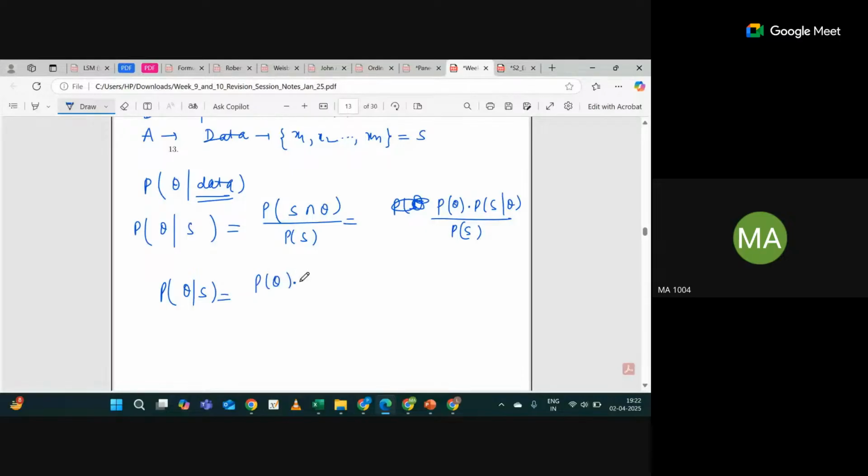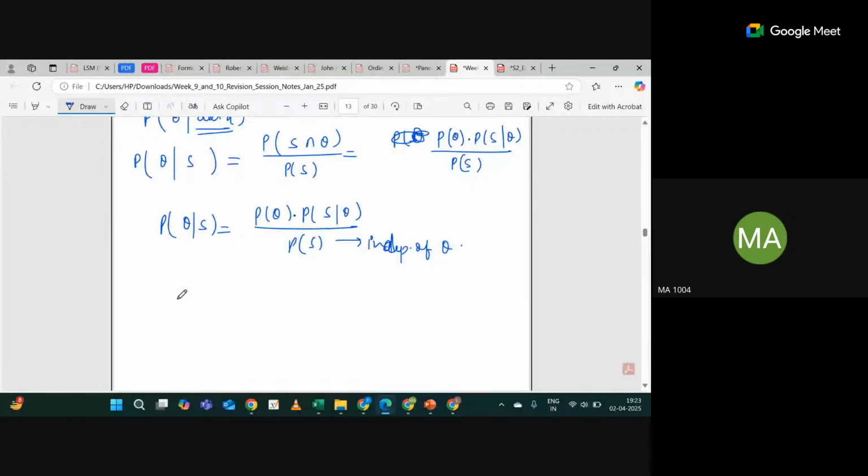The denominator is basically independent of theta, right? Because it is the probability of observing your samples only, and there is no role of theta. Basically this is something constant.